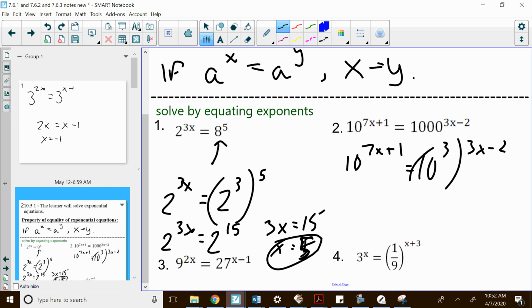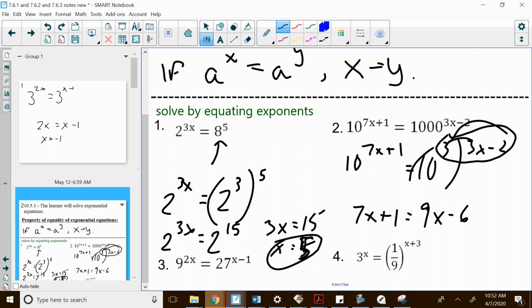And then you can say 7x plus 1 equals, this times this means you have to distribute the 3 to both of those, so it would be 9x minus 6. You'll get 2x equals 7, and x will equal 7 halves there.